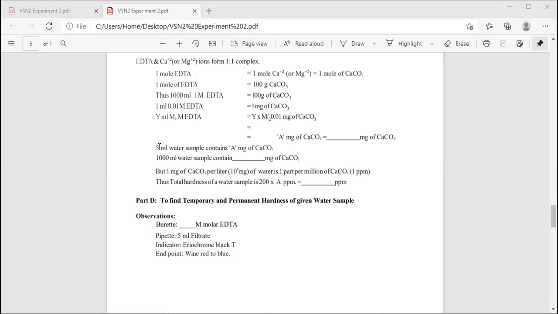It is present in how many ml of water? How much water have you taken for titration? 5 ml. In 5 ml it is 9.36. So how much will it be in 1 liter? You multiply that by 200.